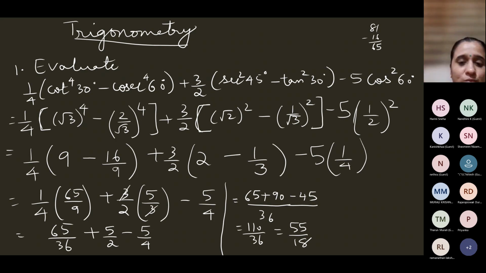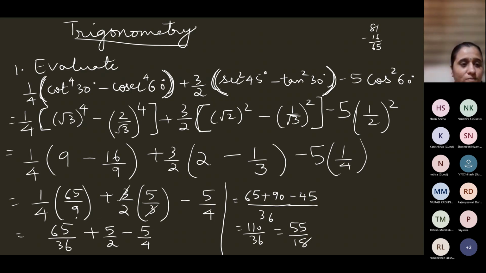Now, children, please check where you have gone wrong and get your doubts clarified. See, this 1 by 4 is to be multiplied with the answer for this bracket. 3 by 2 is to be multiplied with the answer you get in this bracket. After simplifying this bracket, whatever answer you get, that into 3 by 2.